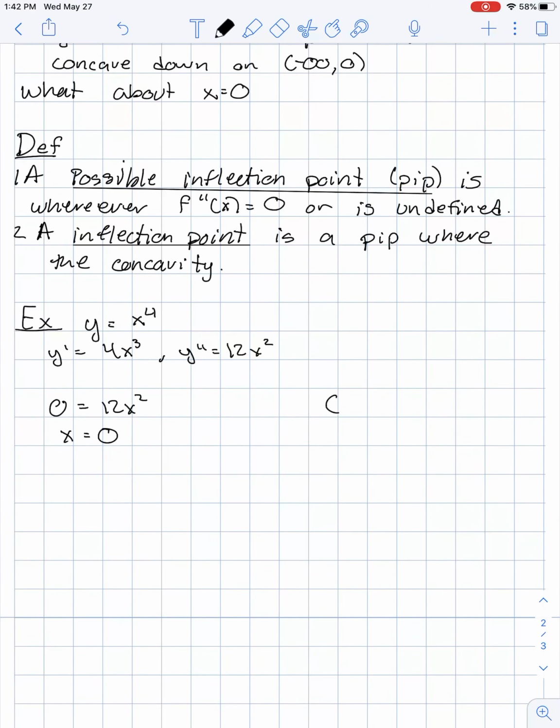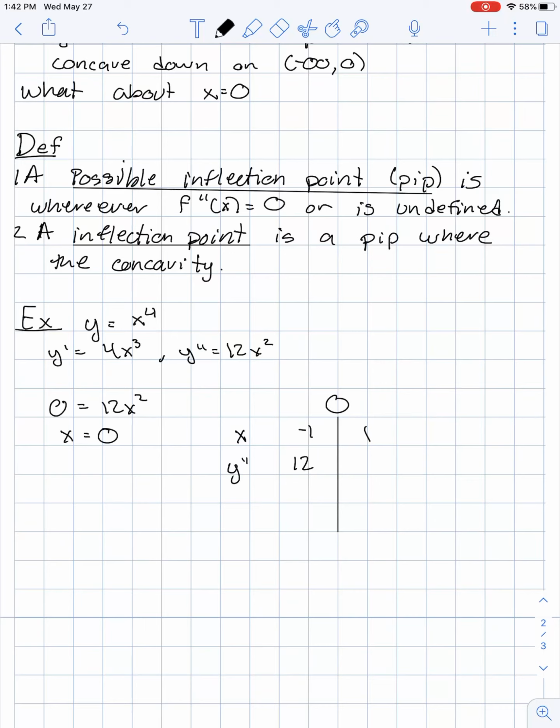I'm going to write my little chart over here. I'm going to plug in -1 and 1. Okay? So if I plug in -1 into y double prime, well, that's going to give me 12.